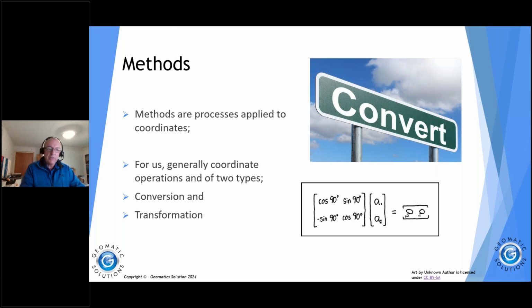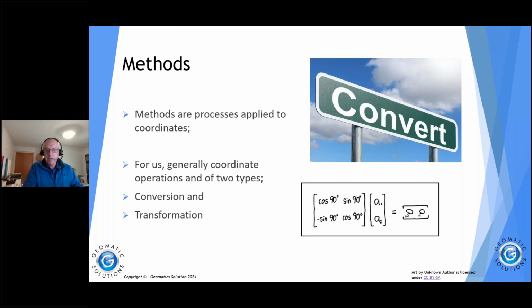A conversion is generally applied when we have no change of datum, or we could be bold and say no change of the base CRS. So if you look at WGS84 UTM 52, we can go from UTM 52 to 53 by a conversion, but they're still sharing WGS84 at the bottom. When it comes to a transformation, we have a change of datum. So we can transform coordinates from SAD 69 to PSAD 56 or things like that. So basically when we have a change of datum.